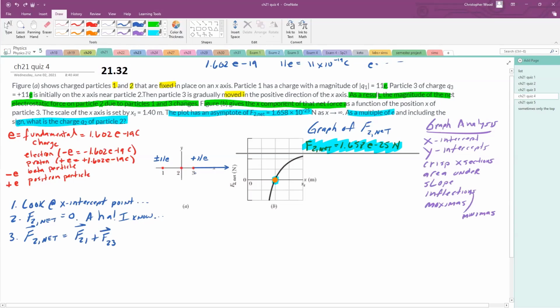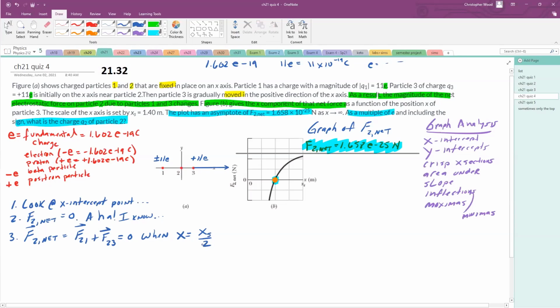this point, what happens when particle 2 is at the origin, particle 3 is to the left, and particle 1 is to the left, and particle 3 is at 0 when x equals xs over 2. Okay.